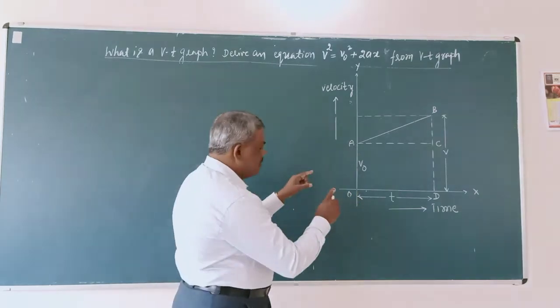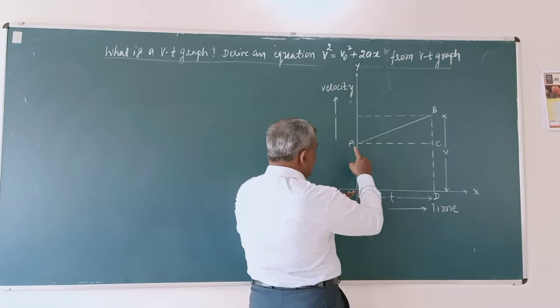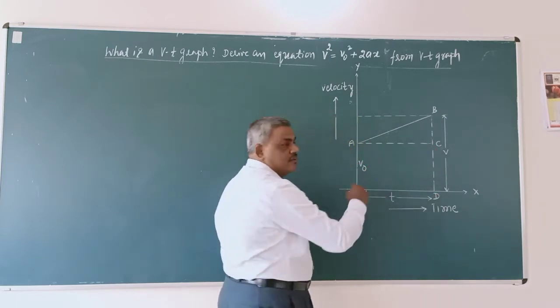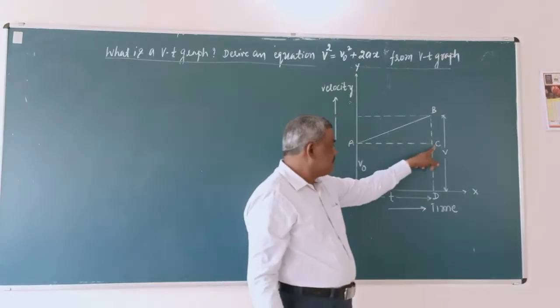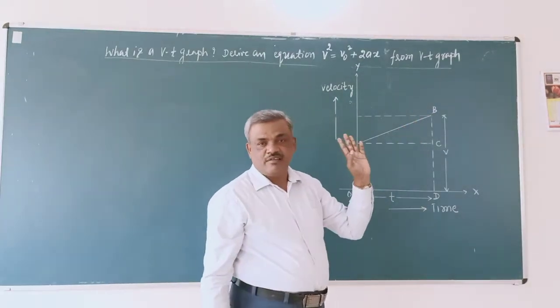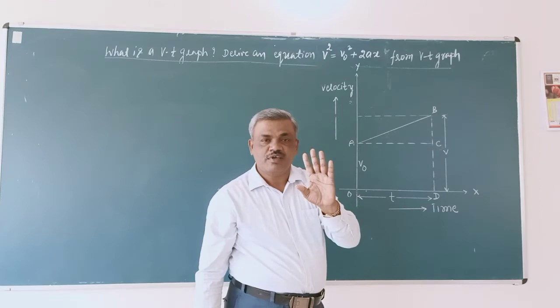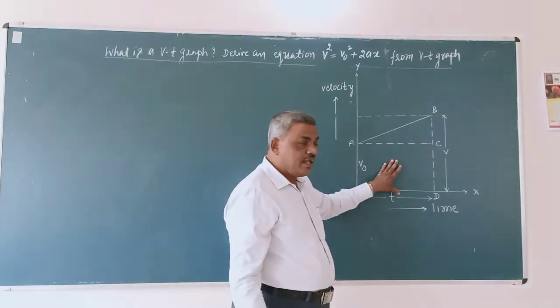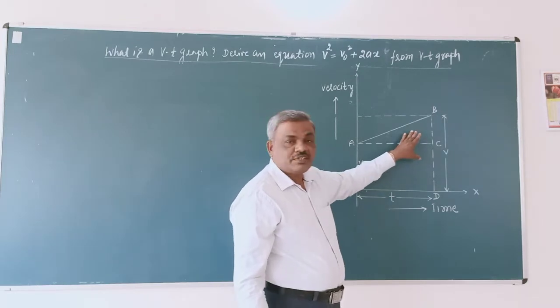So now construct the rectangle O, A, C, D. This is a rectangle. So A, C, D is a triangle. So first you know the basic ideas for this graph. Trapezium equals the area of the rectangle plus the triangle.